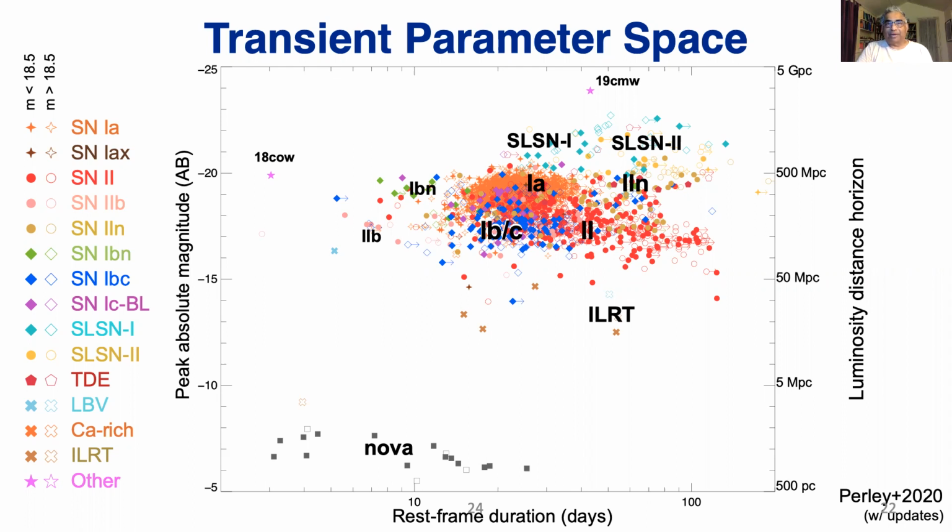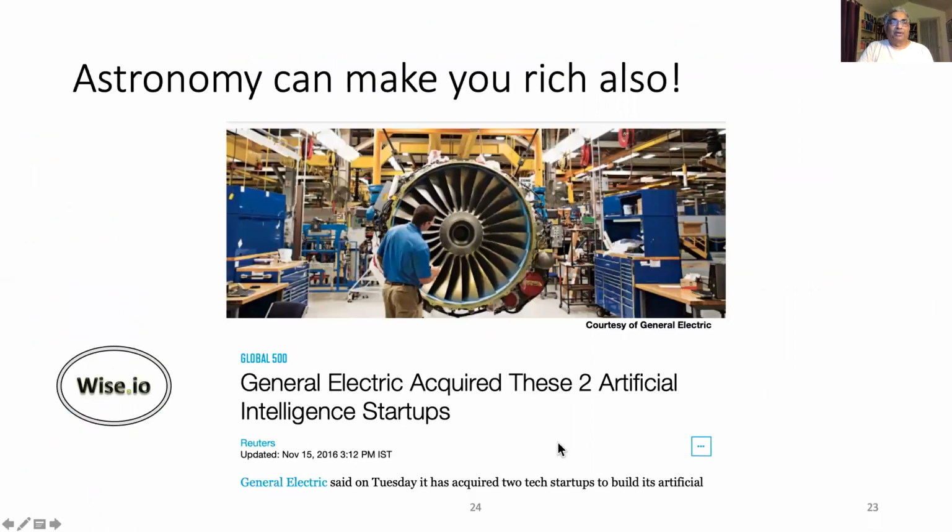Well, after he became a faculty member at Berkeley, he took the machine learning experience he acquired at PTF, and with some other colleagues, founded a startup called Wise.io. A few years later, they sold it to GE. Mind you, when the GE stock price was still high up. So that goes to show you, while we use technology, sometimes we can go back and make technology happen.